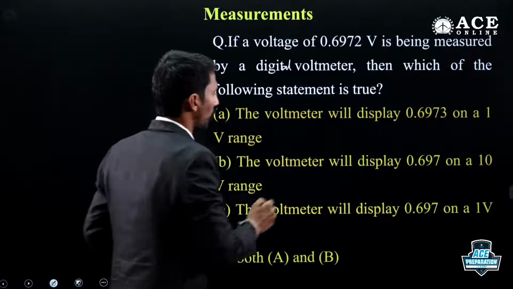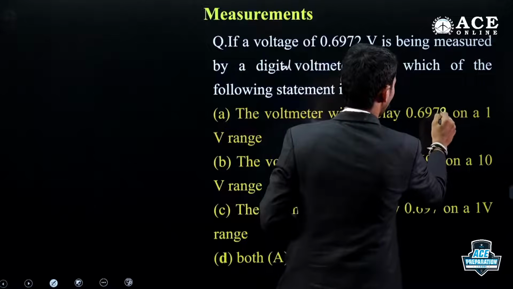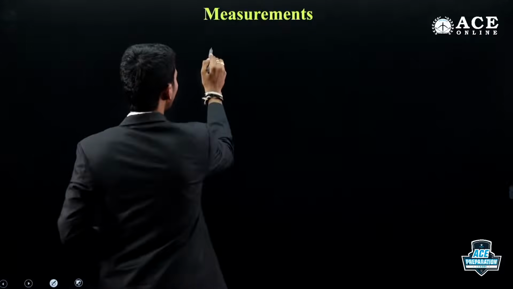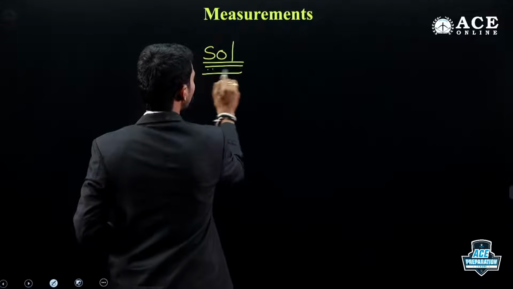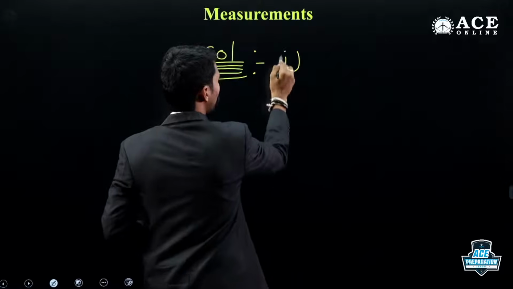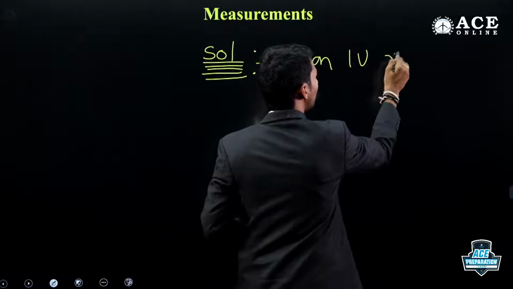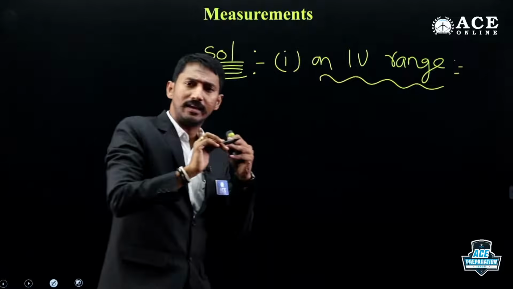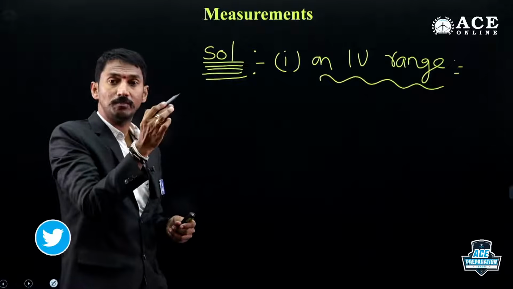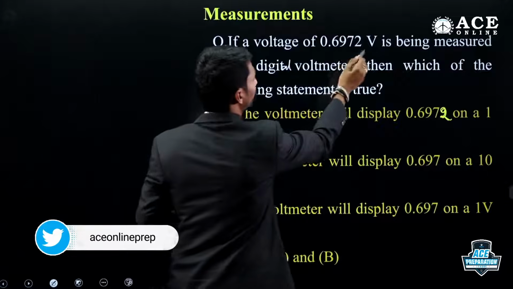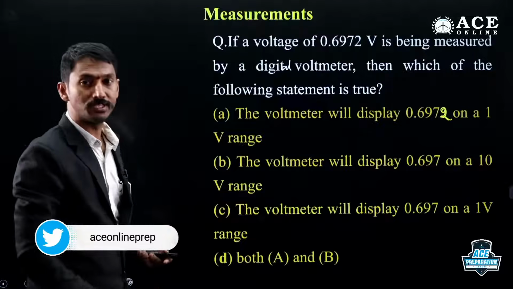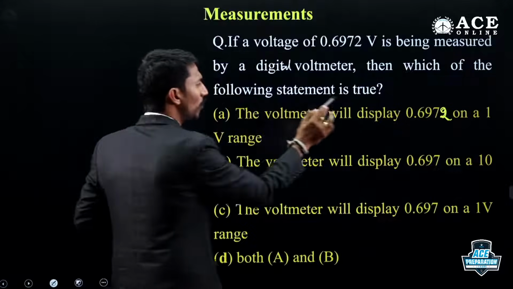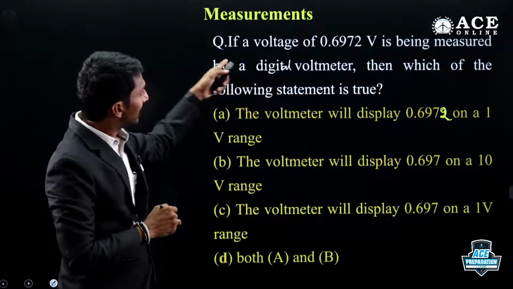We need to concentrate properly. What is the 1 volt range and what is the 10 volt range? Be clear. From the solution point of view, kindly concentrate. Here, first I am taking the 1 volt range. On the 1 volt range, you can directly write the answer. How many digits are there? Totally 1, 2, 3, 4, 5 like that. What will be the corresponding value displayed on the 1 volt range?